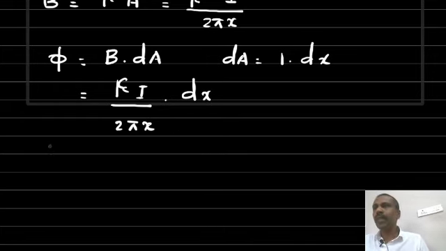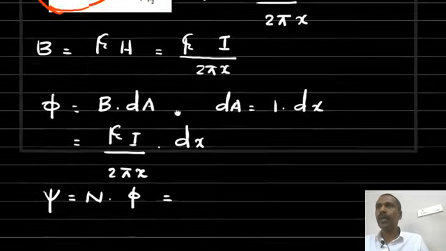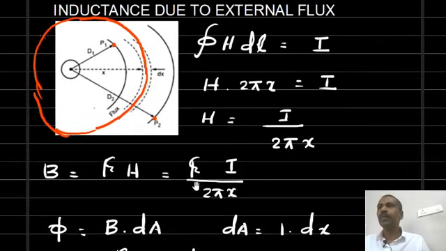The next step is the calculation of flux linkage, which is equal to n into phi. Here n is equal to 1, because we are considering the whole conductor. Because when you consider the closed path, which is shown by the orange line, the complete conductor is within this path.